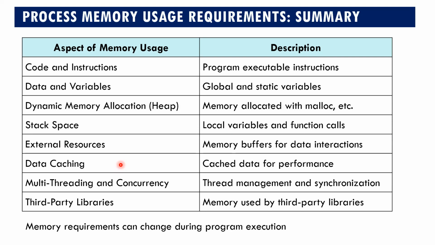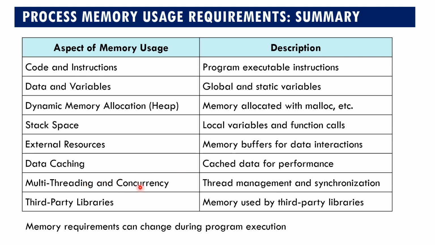In order to improve the performance of the computer, data and instructions have to be brought from the hard disk to the main memory, and frequently used instructions can be stored in the cache memory. In that case, there should be data swapping between the cache memory and the main memory. So data caching techniques are used to improve performance, and for implementing them, each process may require some additional space.